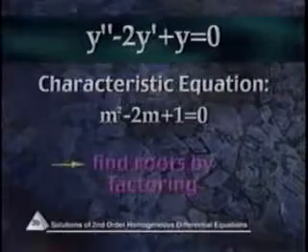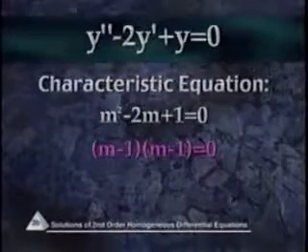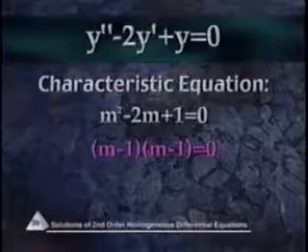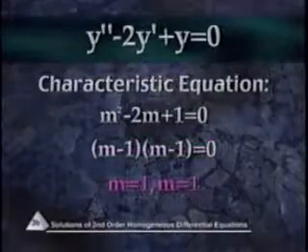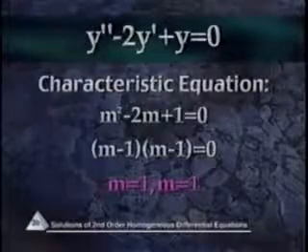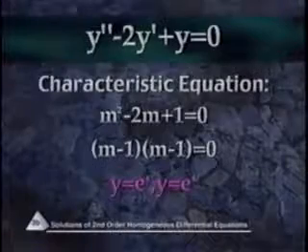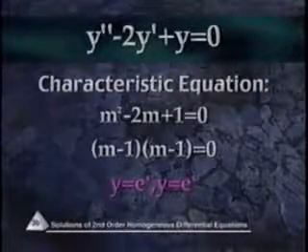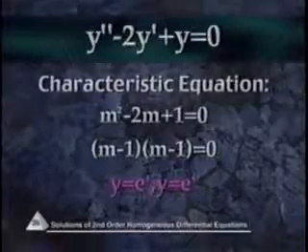The next step is to find the roots of the characteristic equation by factoring. This polynomial easily factors into m minus 1 times m minus 1. So m equals 1 and 1. Plugging into the exponential form, y equals e to the mx, gives us two solutions of y equals e to the x and y equals e to the x. We can't get the general solution from this because we've got repeated roots. Well, I guess we'll have to multiply by x. That's right.